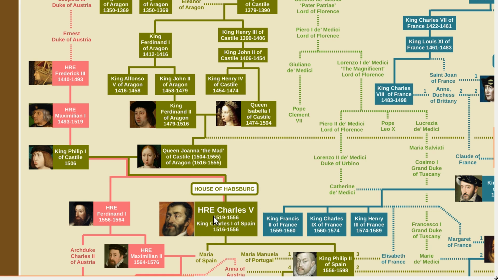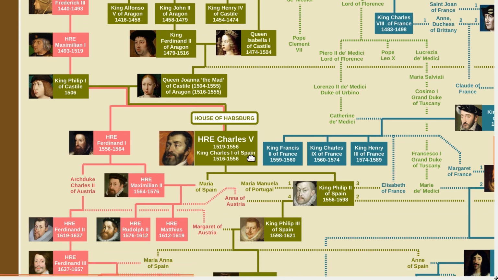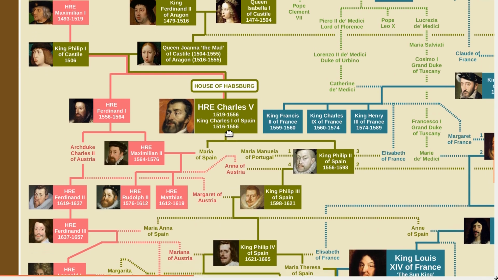So he's more well known as Holy Roman Emperor Charles V, but he was Charles I of Spain. So he is the first ruler of the House of Habsburg to rule in Spain, and it is the Habsburg family that then rules in Spain.